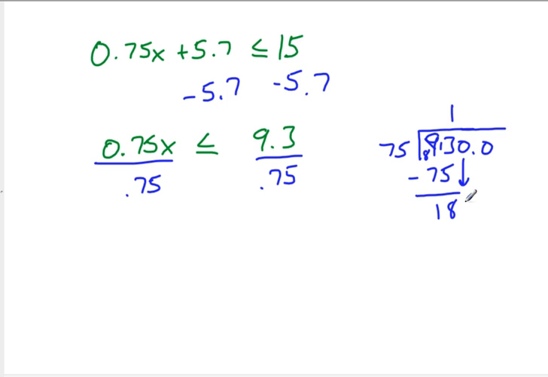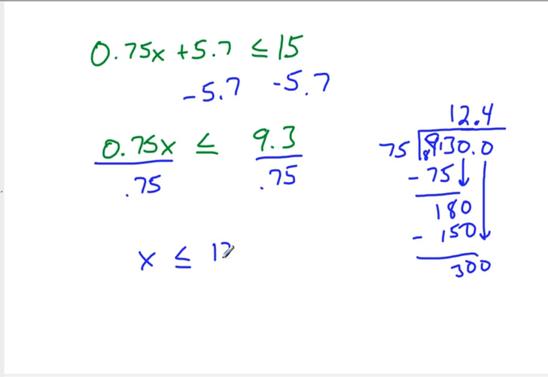Bring down this 0. 75 goes into 180 twice, and that's 150. We get 30. We bring down this 0. And 75 goes into 300 4 times. Don't forget that decimal, 12.4. And that goes in evenly, so I can stop. x is less than or equal to 12.4. That wasn't so bad. A couple of multiplications and we're done.